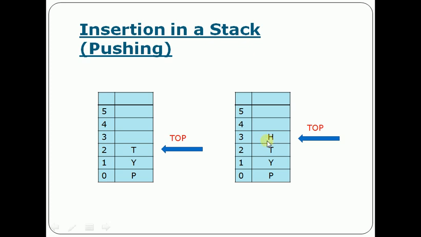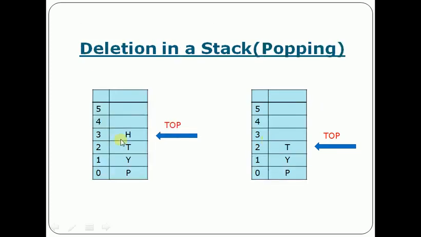If we are deleting an element, we can take only the last entered element first. That process is called popping. The insertion process is called pushing and the deletion process is called popping. So you can take this H out. Then we need to decrease the top pointer.